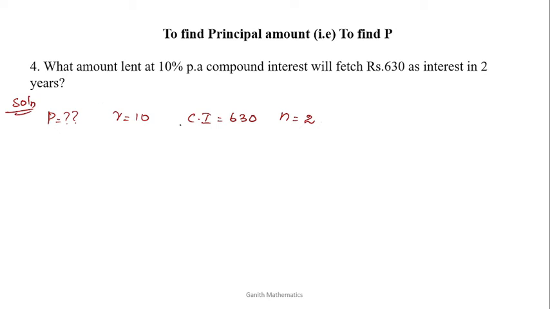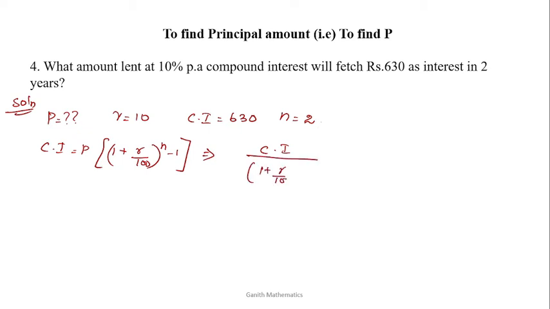So we know the formula for CI. CI is equal to P into (1 plus R by 100) the whole power N minus 1. And now we need to find P, which implies that CI divided by (1 plus R by 100) the whole power N minus 1 is P. So CI is 630.